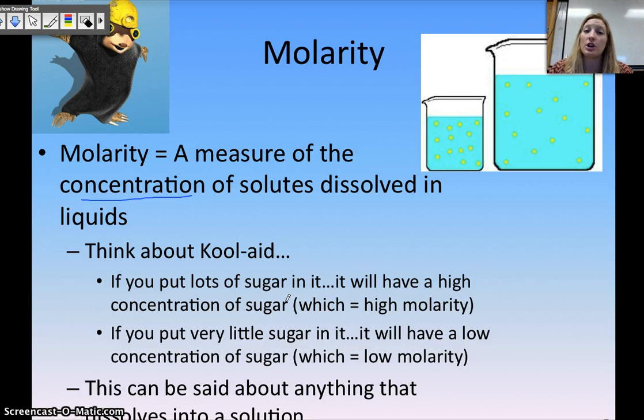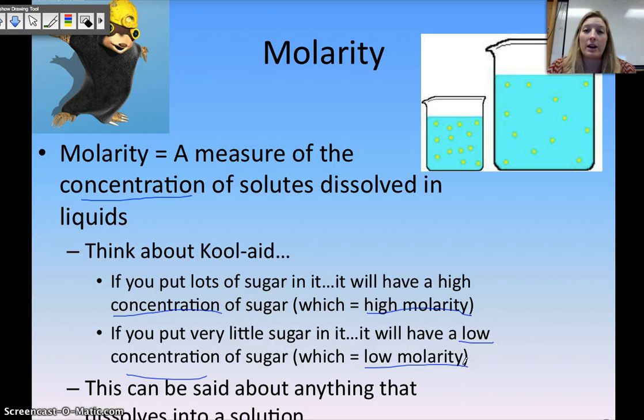Well, if you put lots of sugar in it, that's a very high concentration of sugar in your drink. That would be a high molarity. High concentration, high molarity. If you're like me, I don't like as much sugar. I like mine a little more sour, so I don't put as much sugar into it. When I don't put as much sugar into it, it has a very low concentration. A low concentration of sugar would be a low molarity.